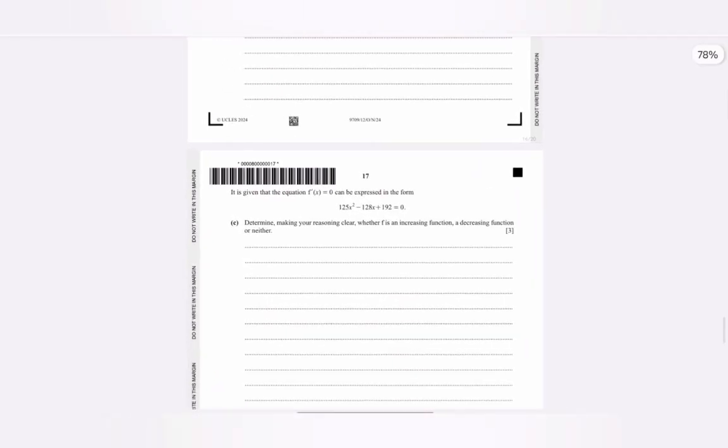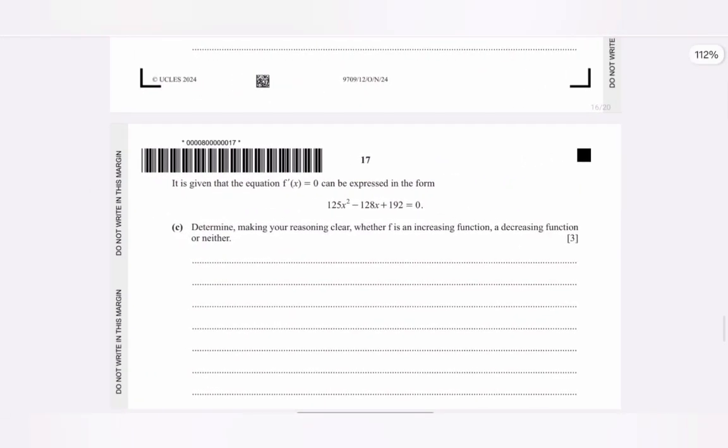And for part C, which is the last question, it says it is given that the equation for f prime of x is equal to 0 can be expressed in that form. Determine, making your reasoning clear, whether f is an increasing, a decreasing, or neither.